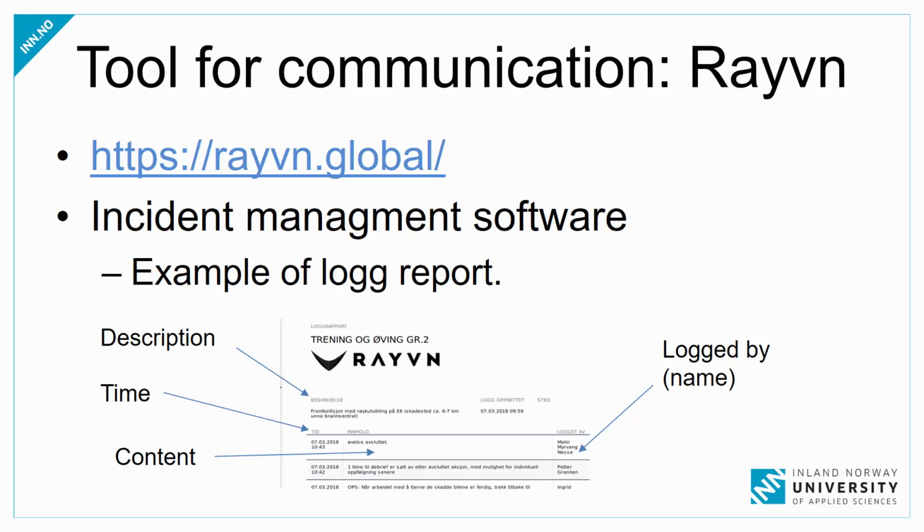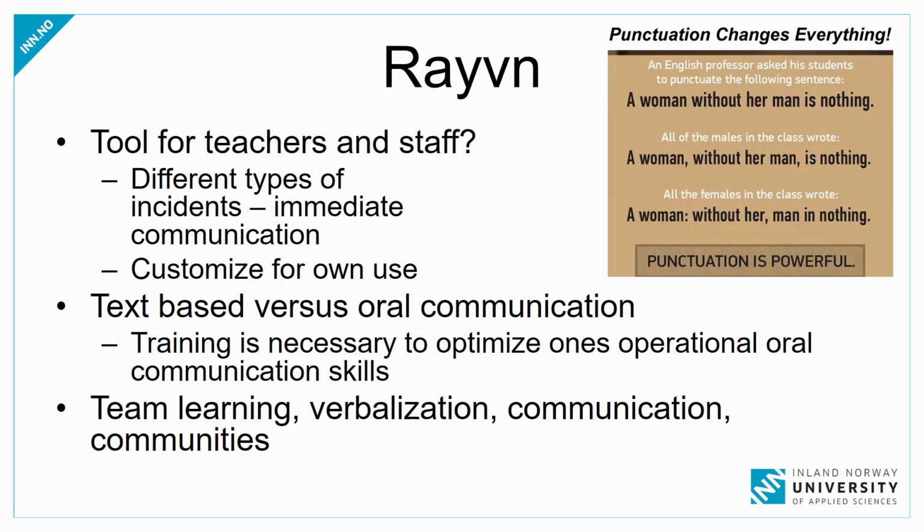The logging of the communication is where the arrow from the content is, and it's also interesting to see who logged the different communications. So this can be a tool for both teachers and staff. It could be for different types of incidents. It's possible to customize it somewhat for one's own use.